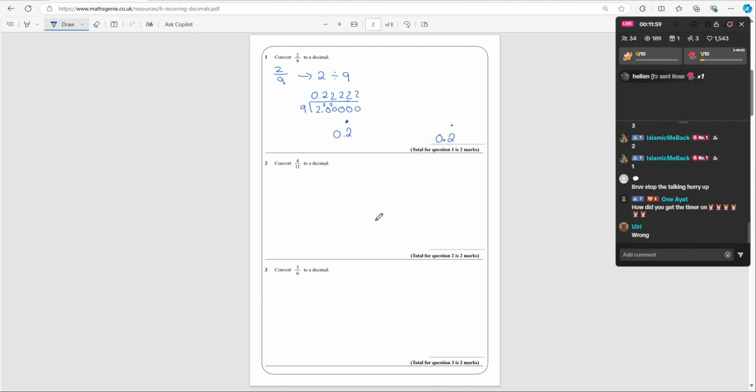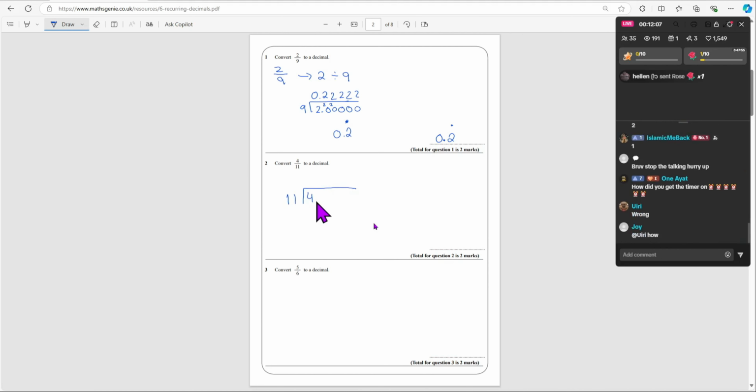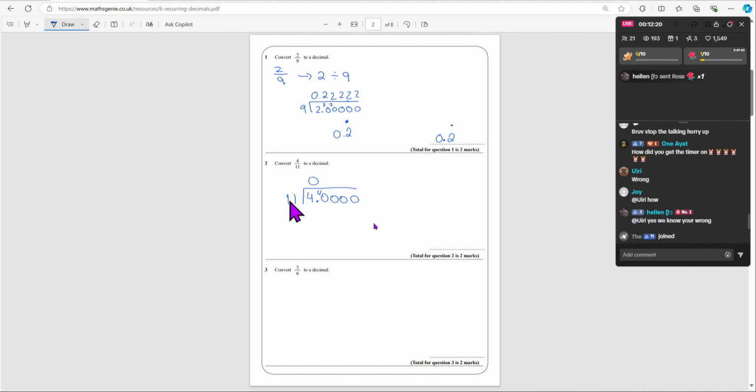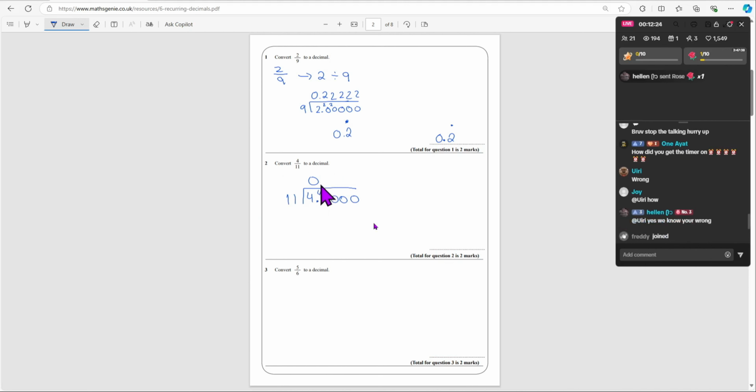So we need to convert 4/11 to a decimal. It's going to be the same process. We're going to do 11 divided by 4.0000. So 11 goes into 4 0 times, and then we carry the 4. Then 11 goes into 43 3 times, because 11 times 3 is 33, remainder 7.